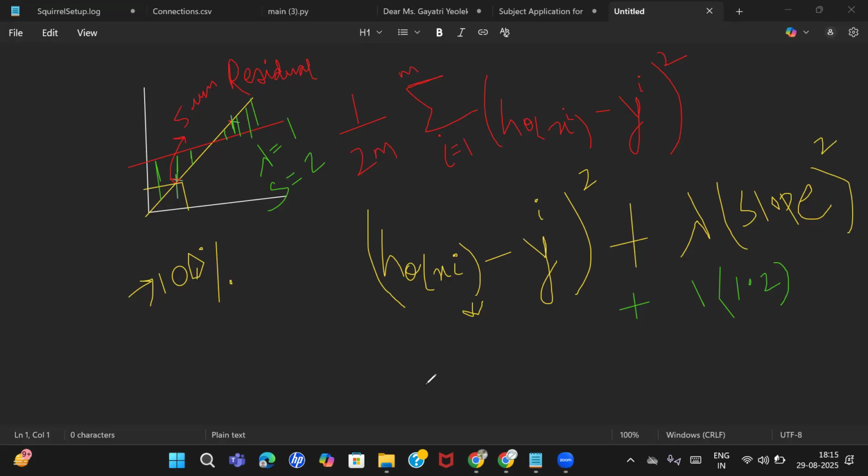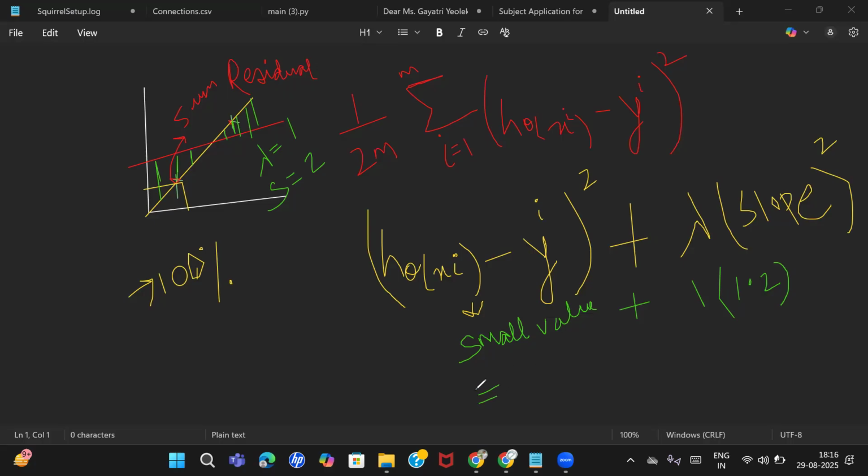This distance will be a small value. So what will happen here is we are adding some small value with the slope, and the slope is now 1.2. So what will be the answer of this?